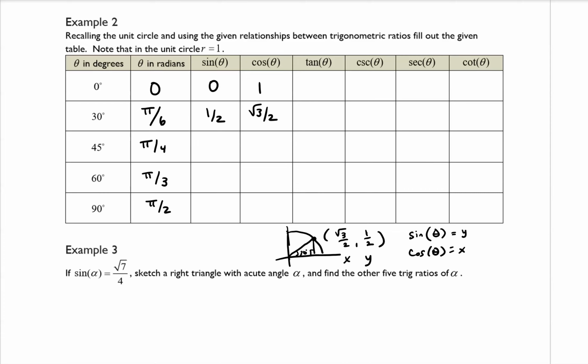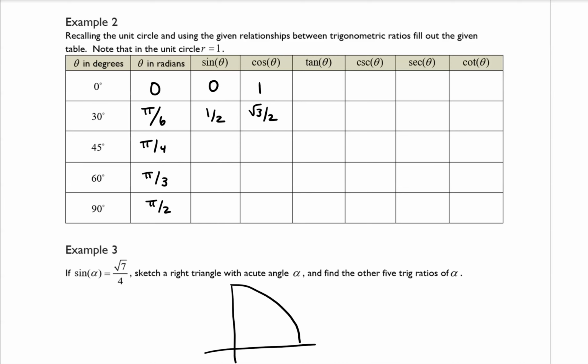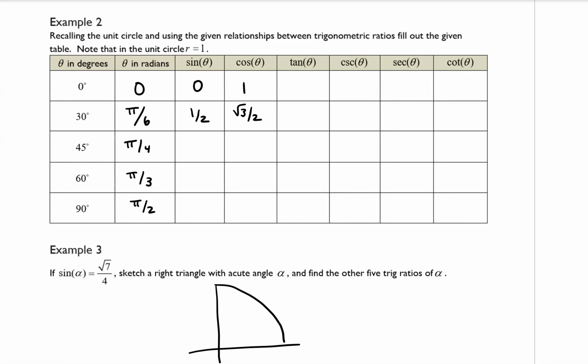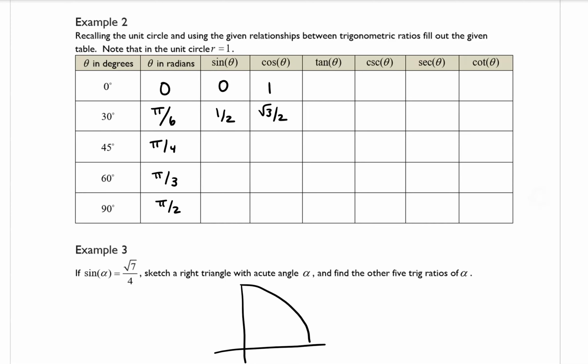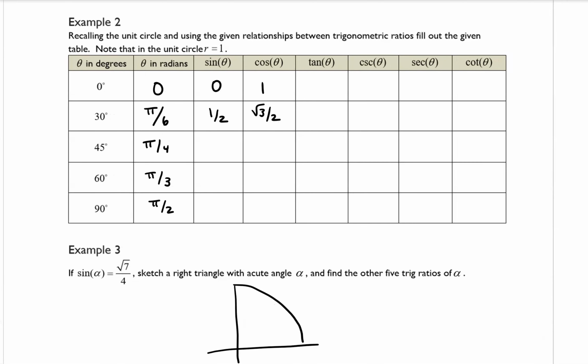All right, for 45 degrees, I'm going to draw it down here since I have slightly more space. I don't want it to be so small so you can see a little bit better. So here, this angle is 45 degrees, and remember that I had you fill out the blank unit circle.